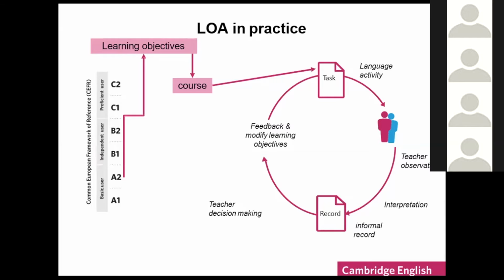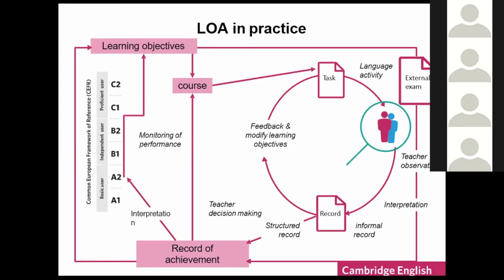Take a specific activity with the teacher guidance to record results and feedback into the learner. If this cycle is repeated multiple times, then we've got a complete record of achievement that will feed into the course and that will feed into developing the learning objectives and placing the learner at the right level.